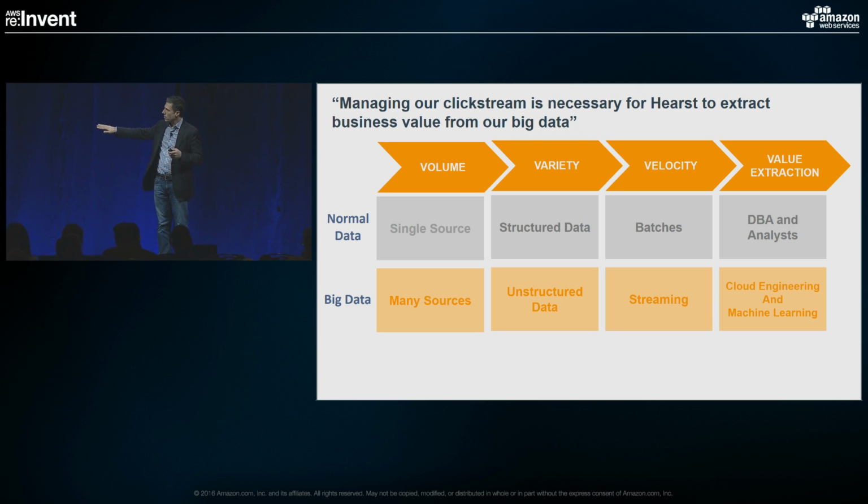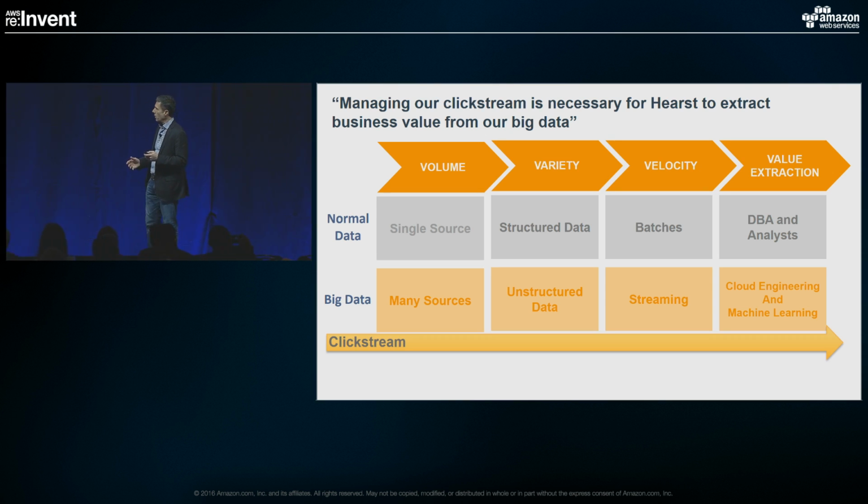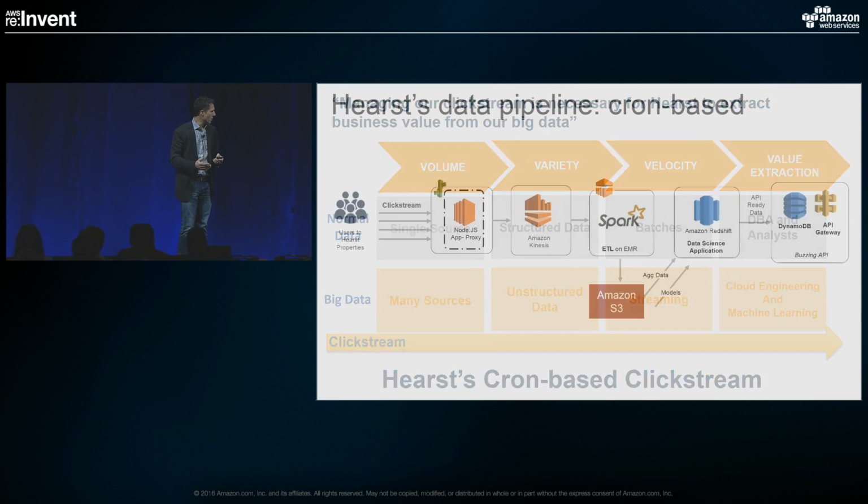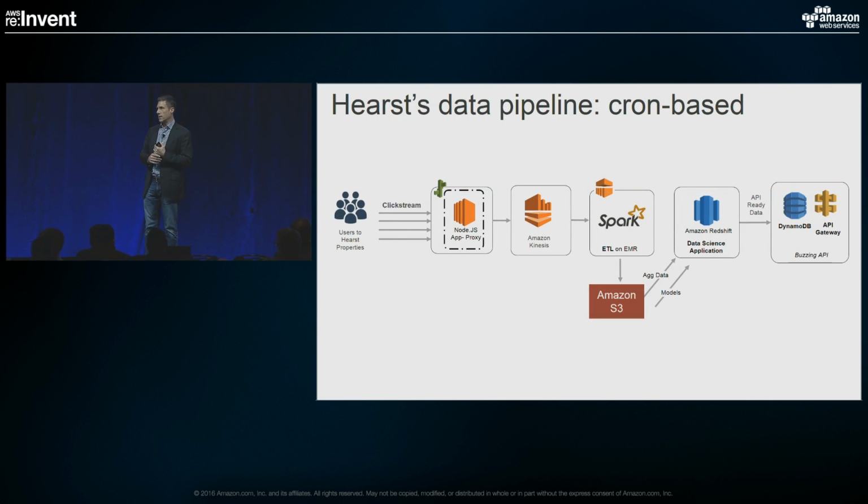And underneath it all, the thing that's driving our big data platform at Hearst is what we call the clickstream. In our previous presentation from last year, I showed how it's built and what it's made of. It was a cron-based clickstream at the beginning of 2016, after the last reInvent.